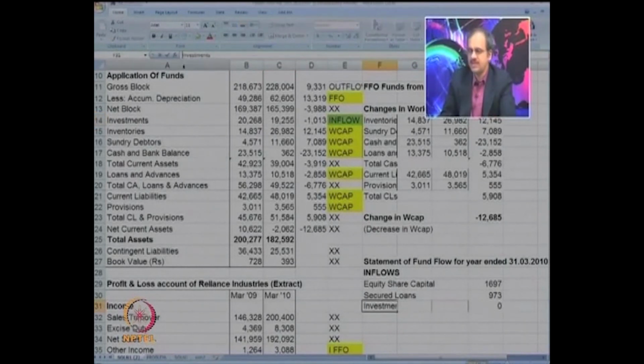So I would like to specifically state that there is a sale of investment. In equity shares also you may specify that it is equity shares issued and secured loans taken because new loans were taken in the year. Then there is a sale of investment which is to the tune of 1013.